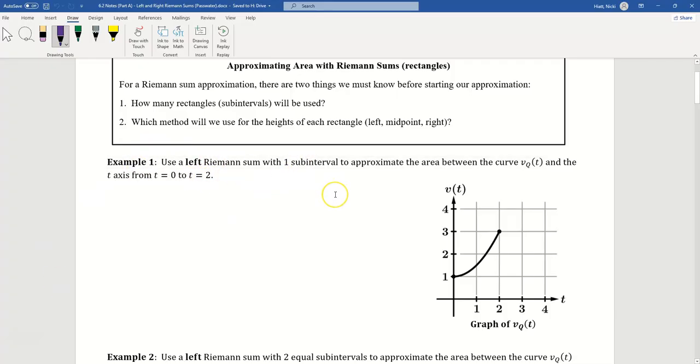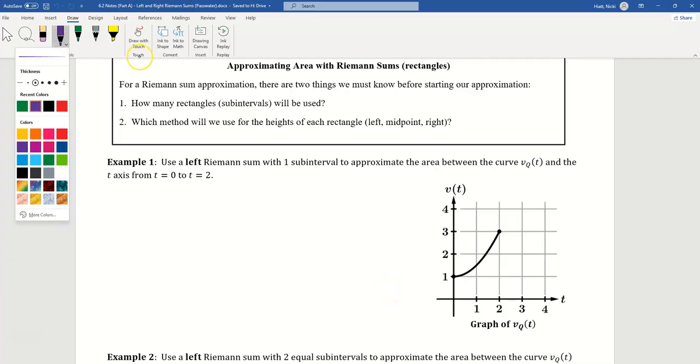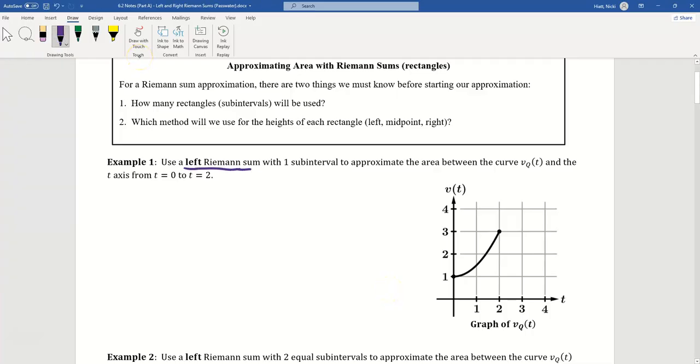If I only have one subinterval, that means one rectangle, right? And if I'm using a left Riemann sum, that means that the left vertex of the rectangle is on the function.